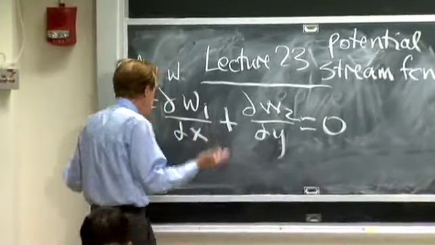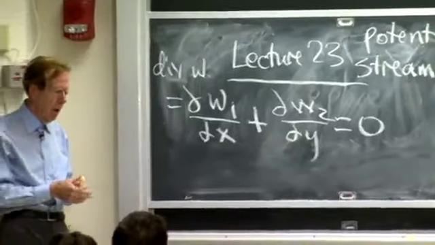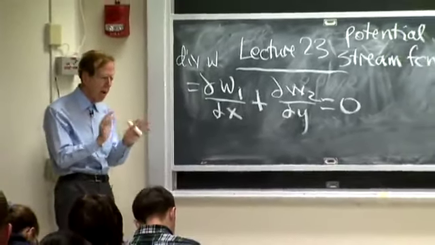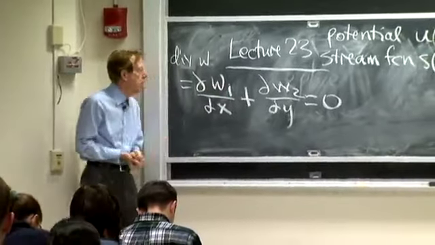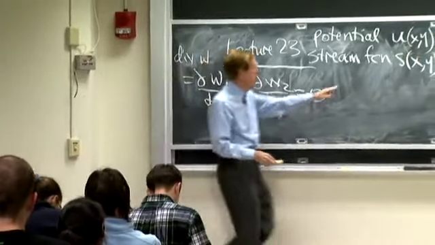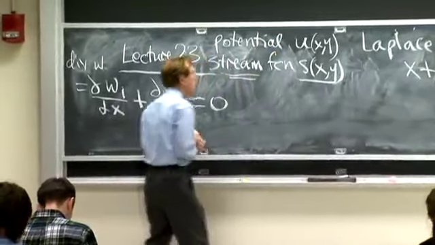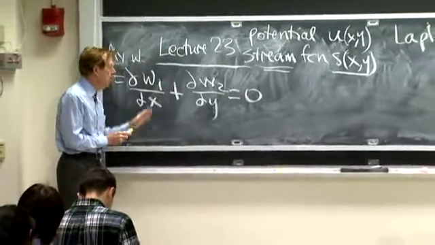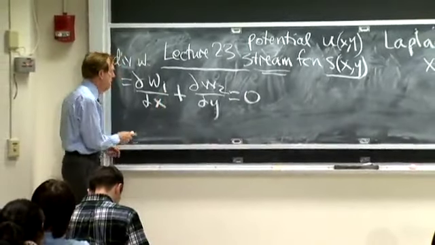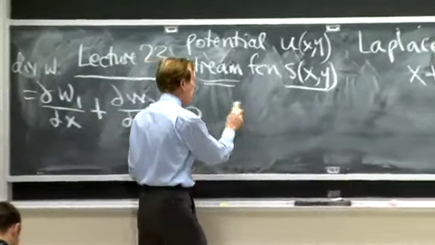If you give me a W1, then probably I'll be able to find a W2. But there's a neat way to describe the solutions to that equation, the divergence-free fields. It's to introduce something called a source function, a stream function, okay?